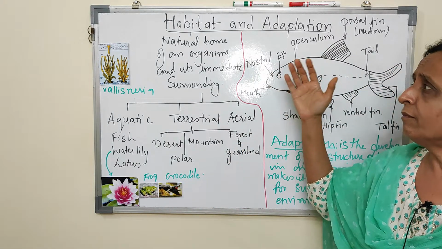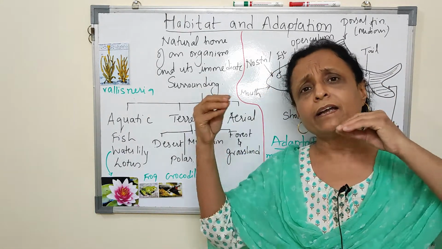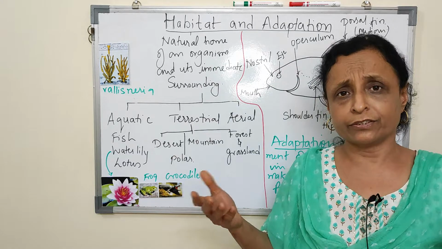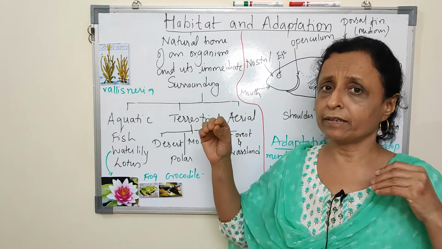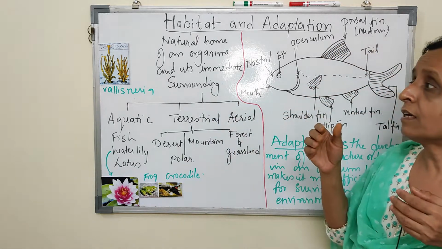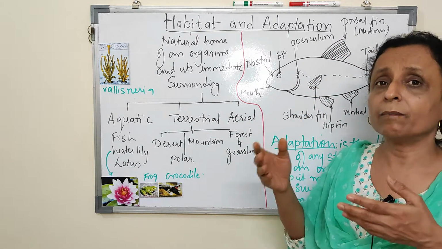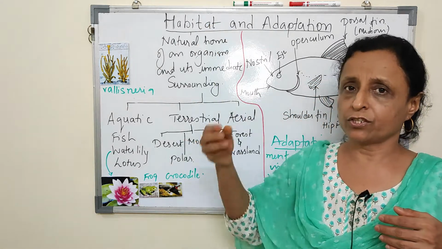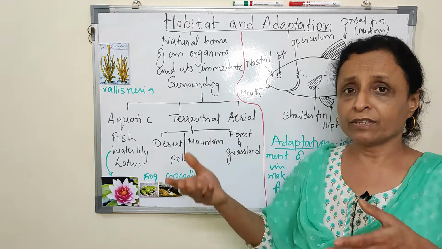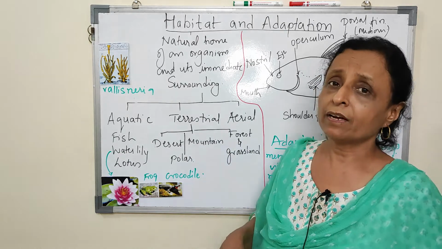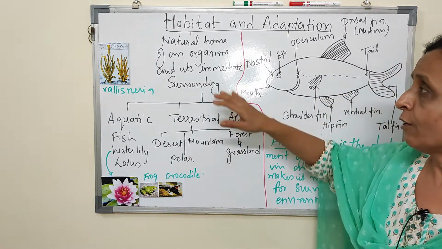Water again can be classified into many different types. So habitat will have biotic and abiotic conditions. Biotic is the living organism. Abiotic, that is the temperature, soil, atmosphere, moisture content, all those will form the abiotic condition for the organism.